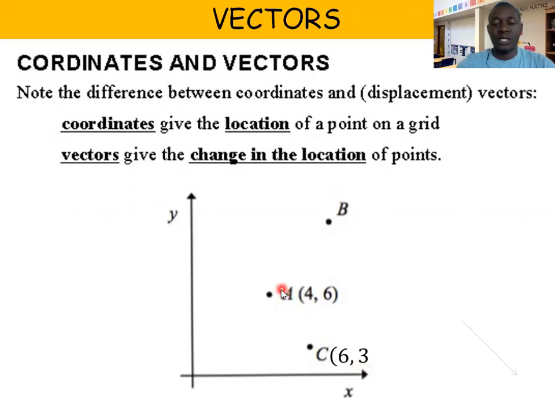But the vector actually shows the change in the location of the points on this entire grid. We have referred to column vector representation earlier, such that a vector can be represented with a small single letter or two uppercase letters. The two uppercase letters show the start point and the end point of the directed line segment by which we represent the vector. For example, we can talk about the vector AB.